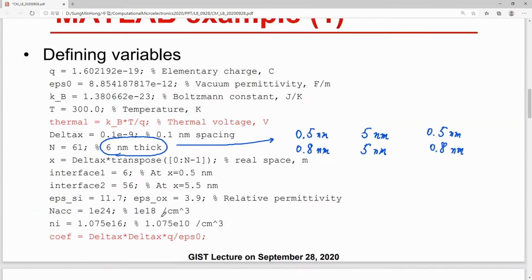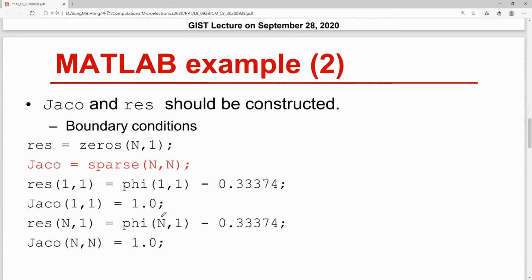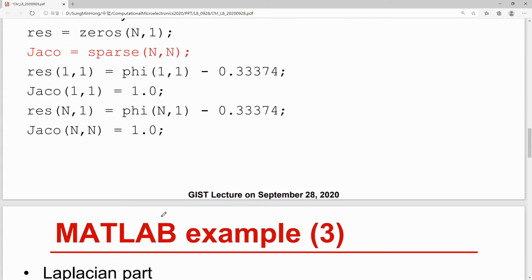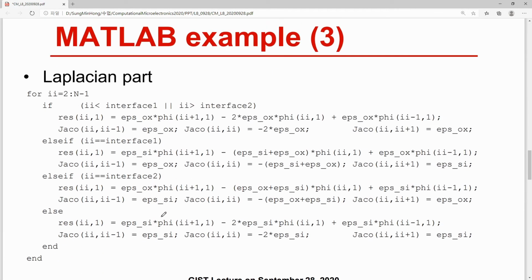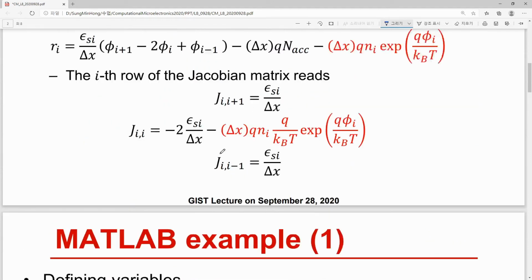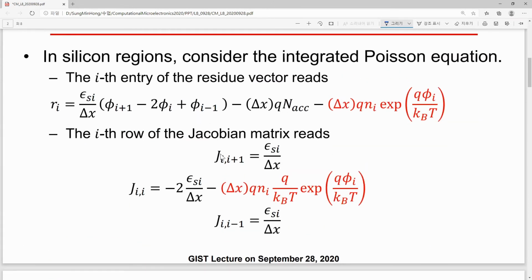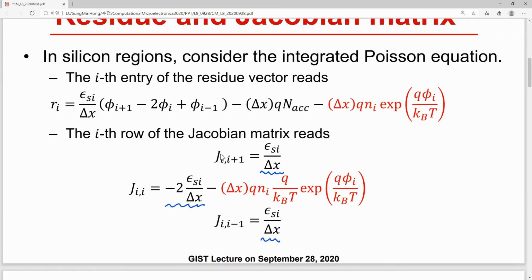Well, everything is just the same as before, so I will just skip it. And here we have two parts related to the Laplacian, and this corresponds to our previous black colored component, and this is just independent of the solution.